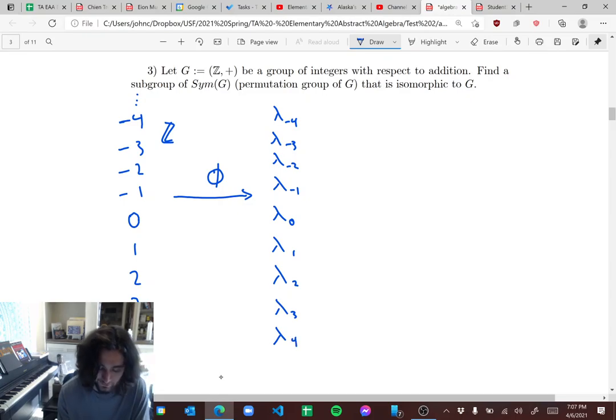All of these things on the right are functions that map integers to integers, so they're permutations of the integers, or permutations of G. And in fact, these two groups on either side, we'll call this H, where H is a subgroup of Sim G, or Sim Z in this particular case.